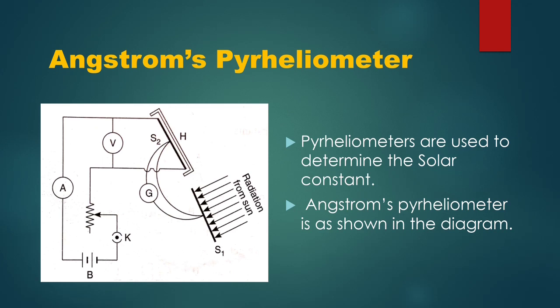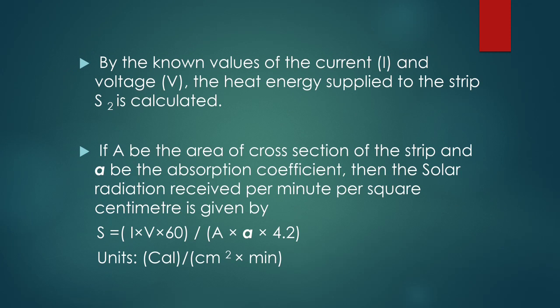So now by measuring the current and the potential difference in the circuit, we can calculate the solar constant value by using this formula. If capital A is the area of cross section of the strip and small a is the absorption coefficient of the strip, then solar constant capital S is equal to I into V into 60 by capital A into small a into 4.2.